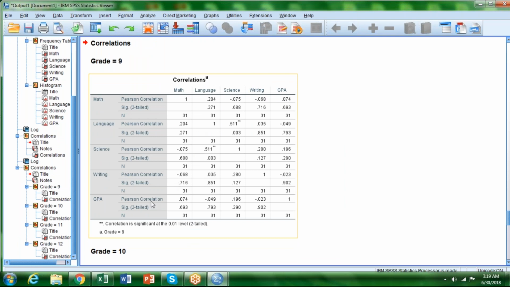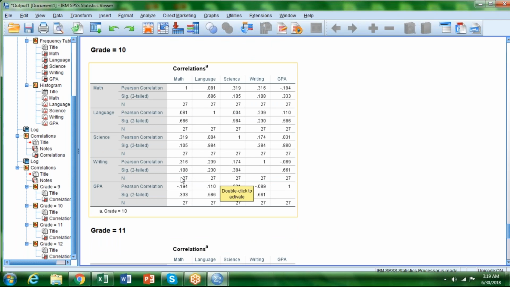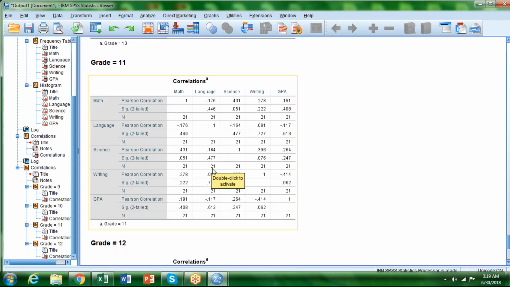So here's grade, and you'll see all of the variables. Here's our 9th graders, and here's our 10th graders. Here's the correlation table for our 9th grade, our 10th grade, the 11th grade, and the 12th grade.